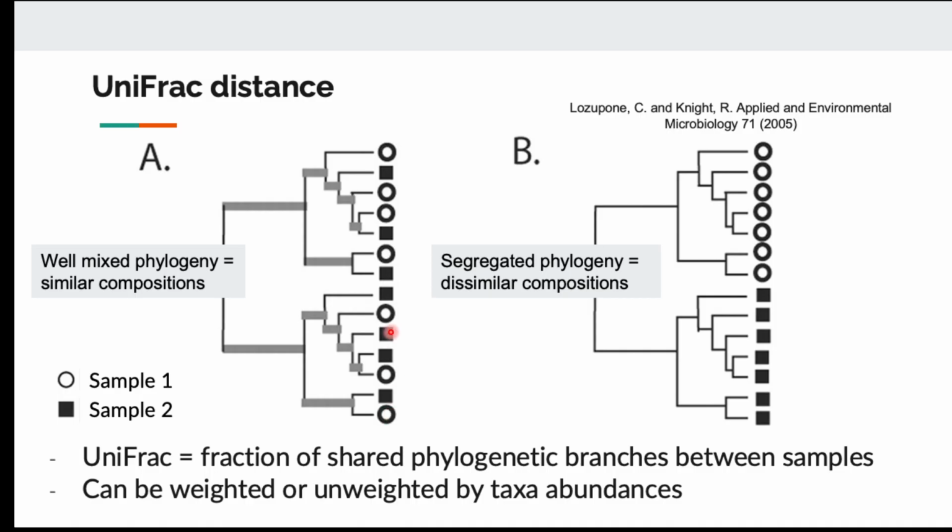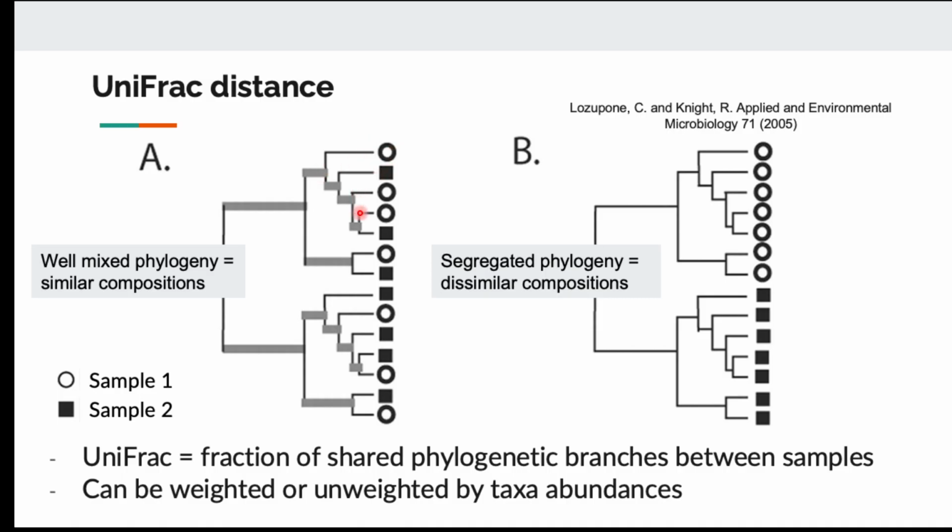From this reconstruction, what you can calculate is the fraction of the branches where, if you look downstream from that branch, you see leaves from both samples, then you count this branch as being shared between the two samples.